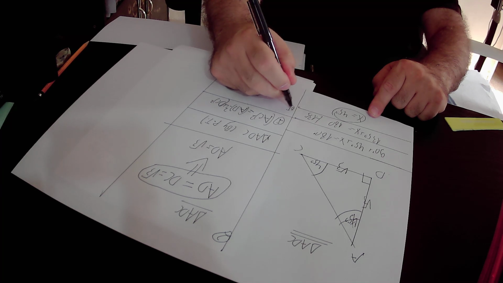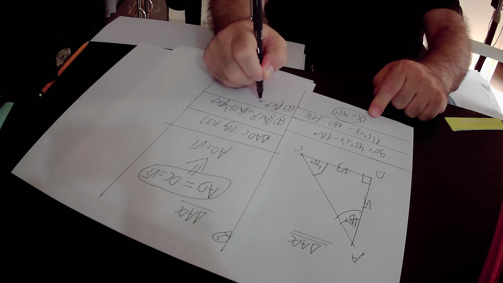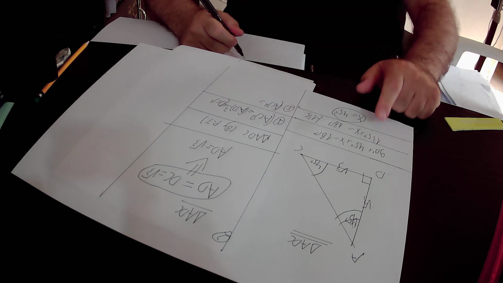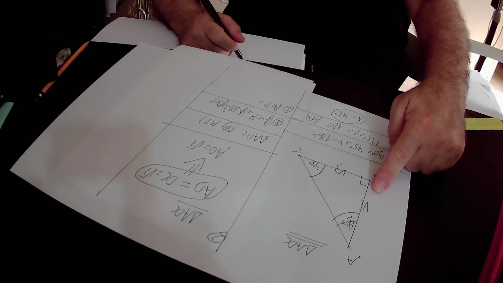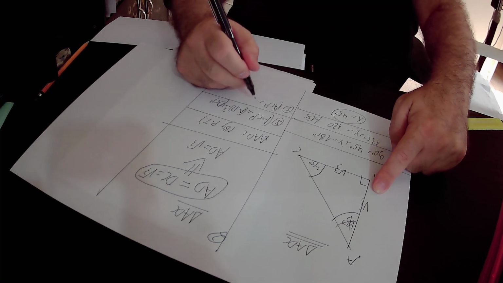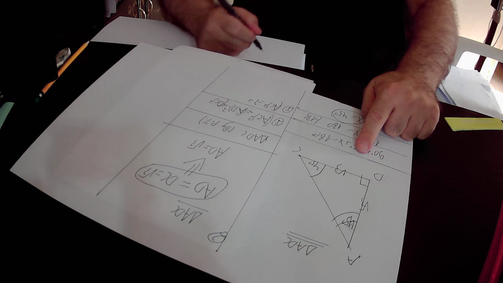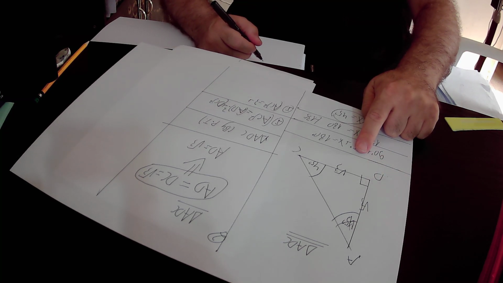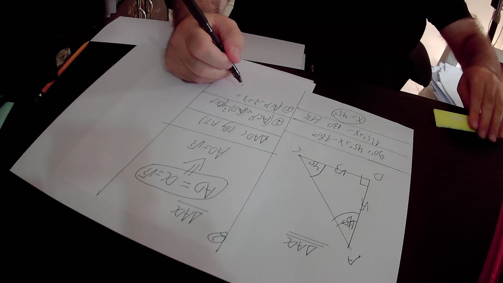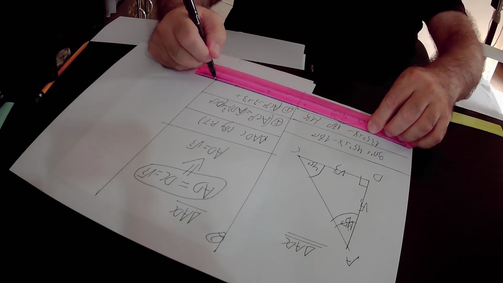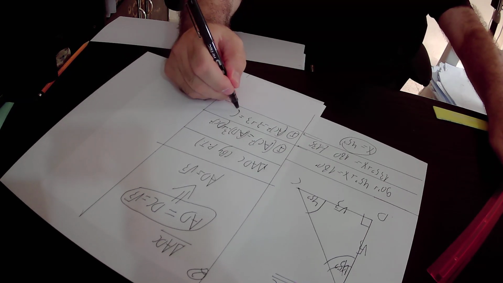So here AC squared must be equal to AD squared. AD is equal to the square root of 3 units, therefore AD squared is the square root of 3 squared, that is 3, plus DC squared. DC is equal to the square root of 3, therefore DC squared is the square root of 3 squared, that is 3. So in conclusion, AC squared is equal to 3 plus 3, that is 6.